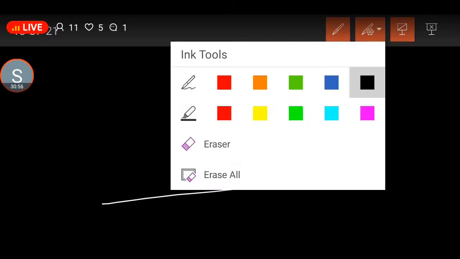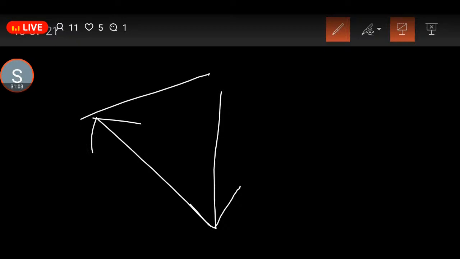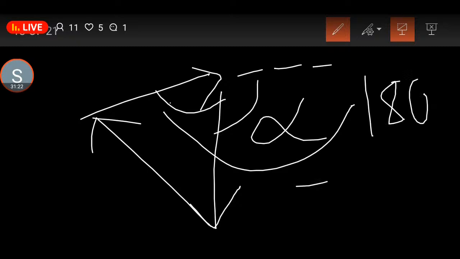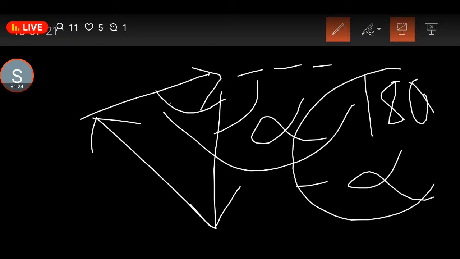This is one vector, this is another vector, this is another vector. You will move this vector like this, and let this angle be alpha. If you move, this is 180 degree. What will this angle be? This angle will be 180 minus alpha, right? This is the angle that comes.